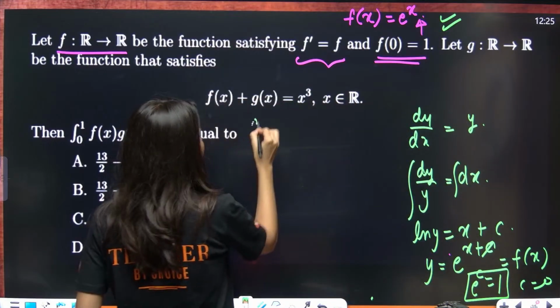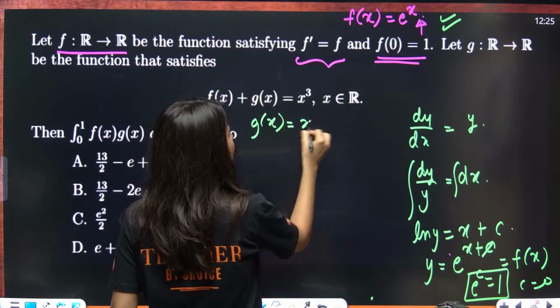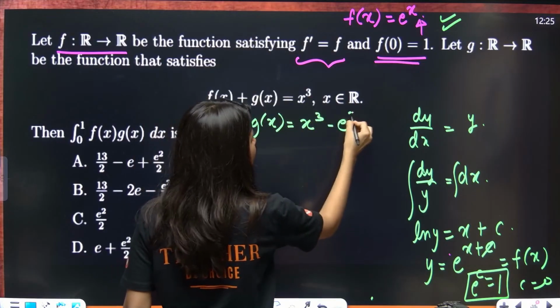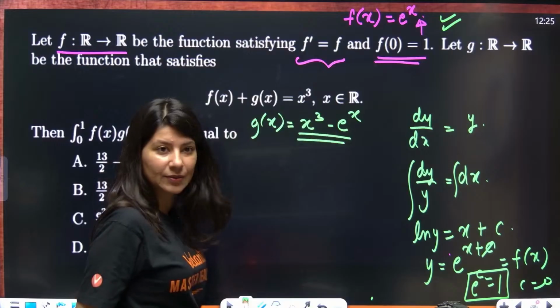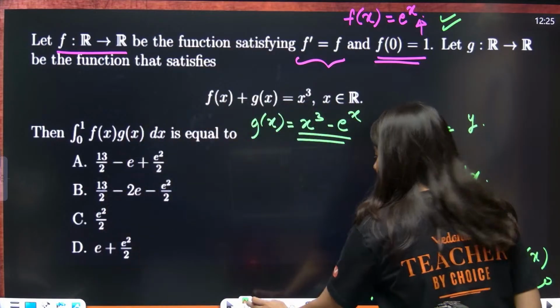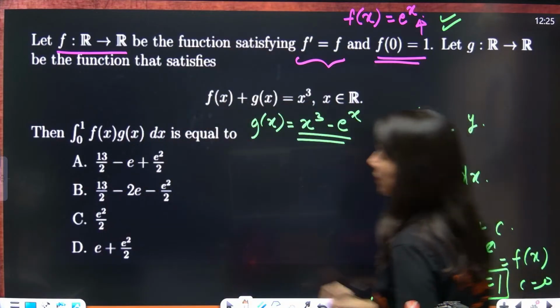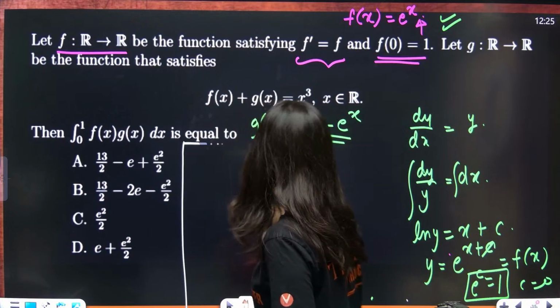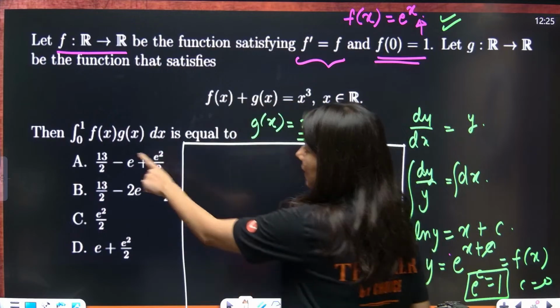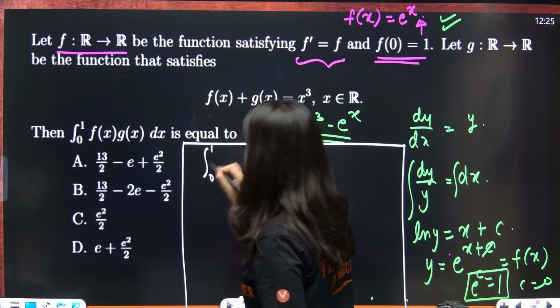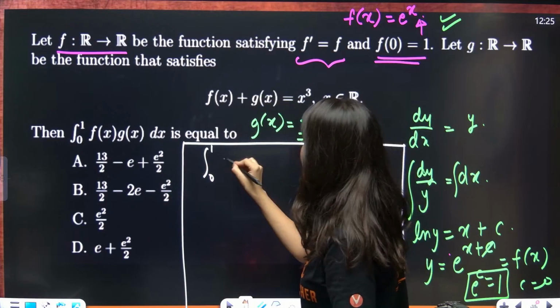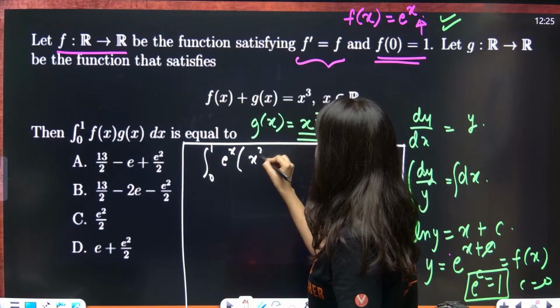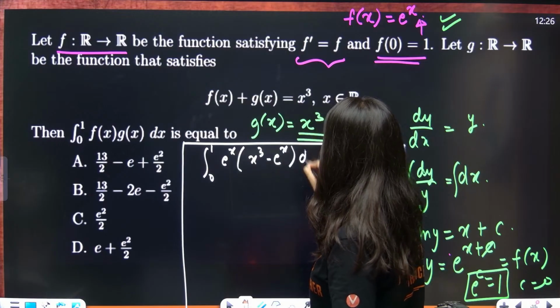Now g of x you can calculate from here, which is x cube minus f of x. So this is your g of x. Now what are they looking for? Tell me, what are they looking for? Let's do it right away. Integral from 0 to 1 of f of x into g of x, so e raised to power x cube minus e raised to power x, dx.